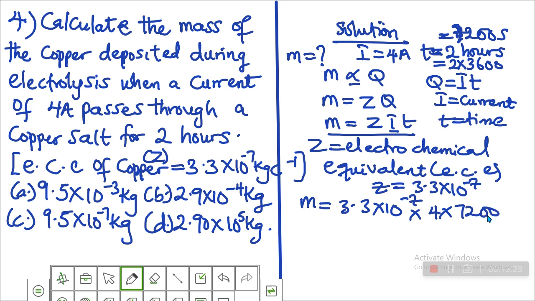So let's multiply everything. When we multiply we are going to have 95,000.